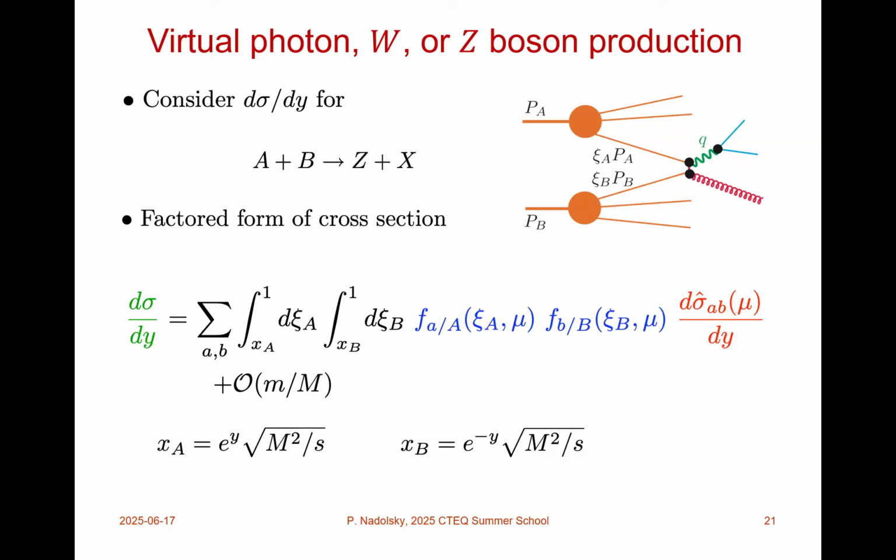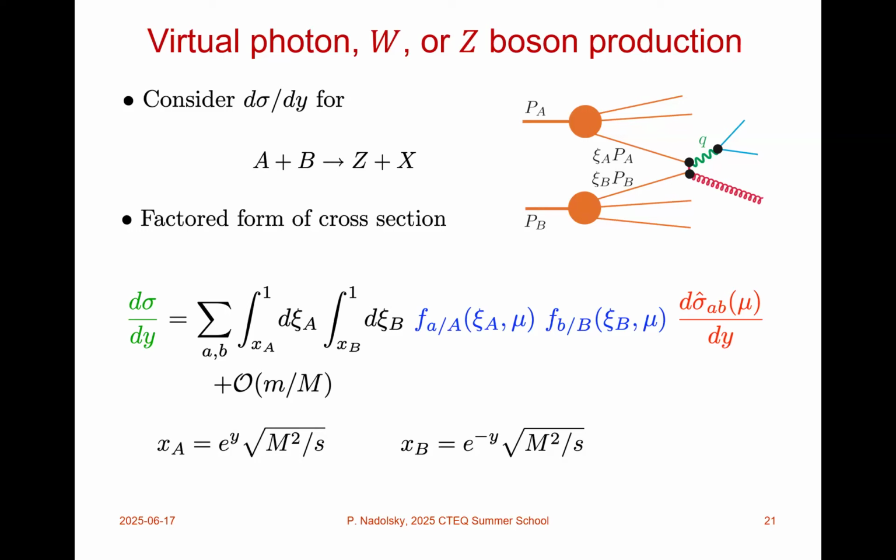Now we have two momentum fractions and a rapidity. At leading order, if you exclude all additional radiation, you can show that xi_A must be equal to x_A, which is given by this formula here.